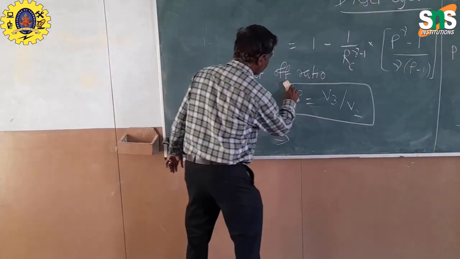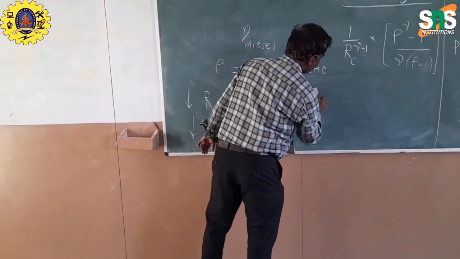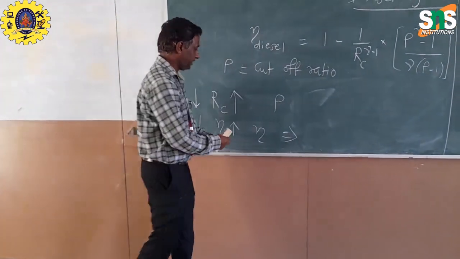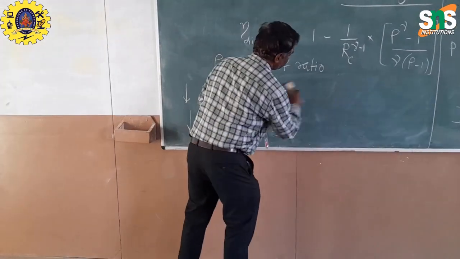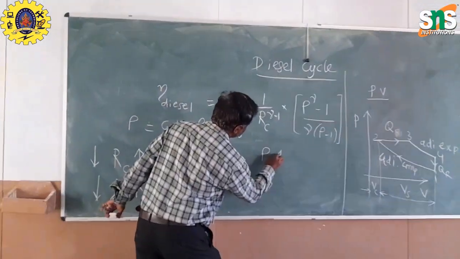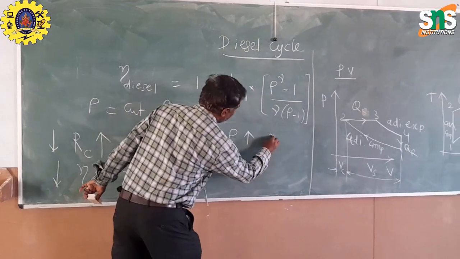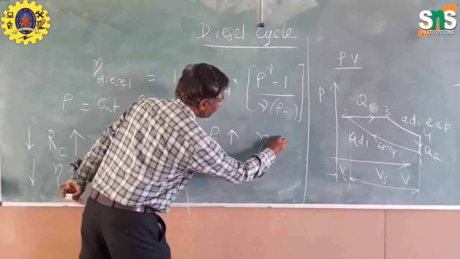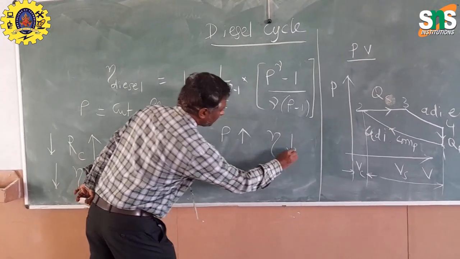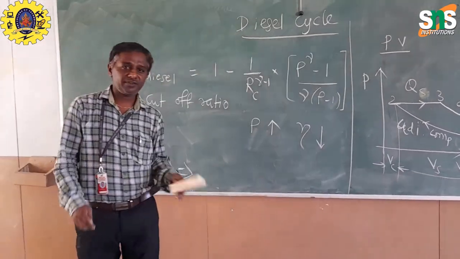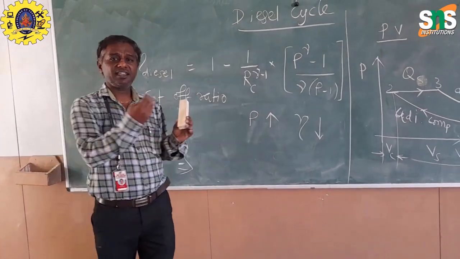Likewise, let's take the effect of the cutoff ratio. If the cutoff ratio increases, the efficiency of the diesel cycle does not increase; actually it is inversely proportional, so it will decrease. The cutoff ratio is the point where the heat supply is stopped.